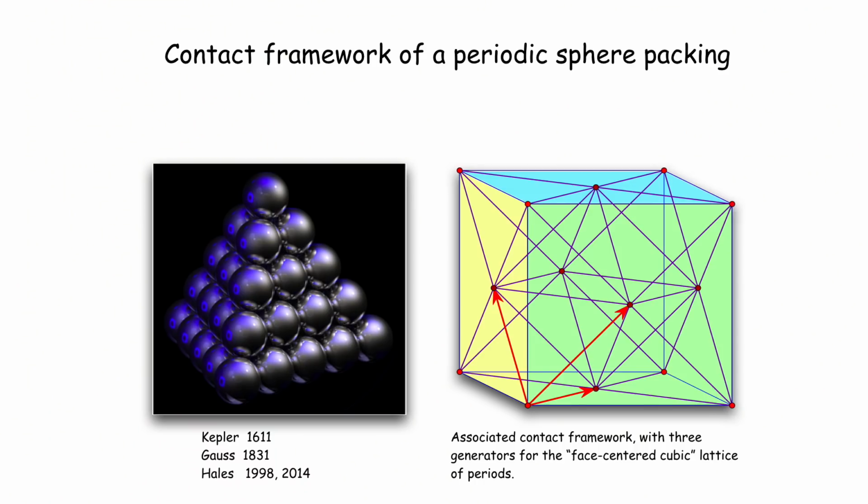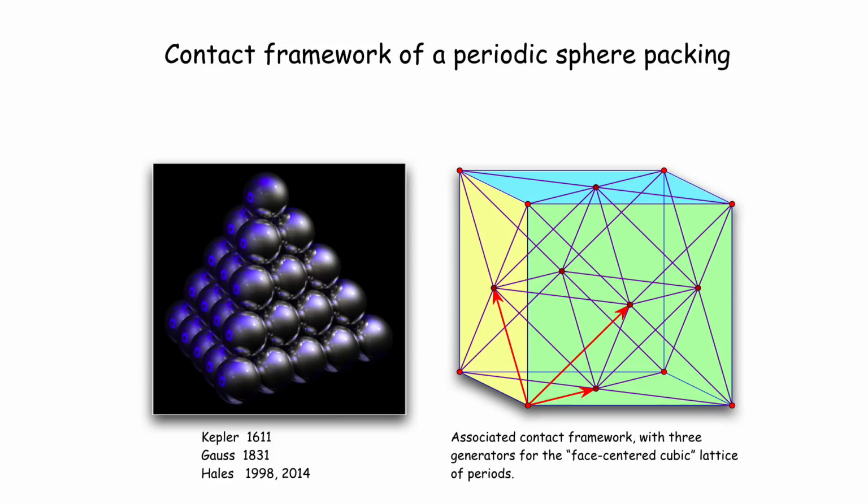And Gauss showed that as long as you assume periodicity, that's indeed the case. But what if we don't assume periodicity and just allow the stacking to be disordered? And Hales' recent contributions were to show that even in the absence of assuming periodicity, this is the densest packing.